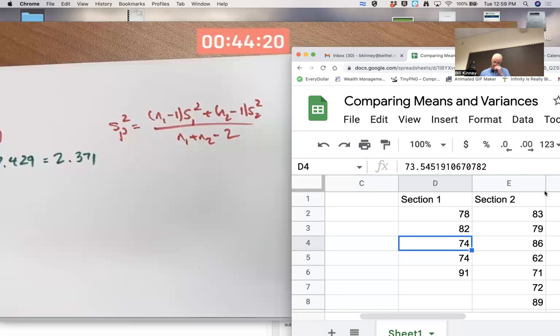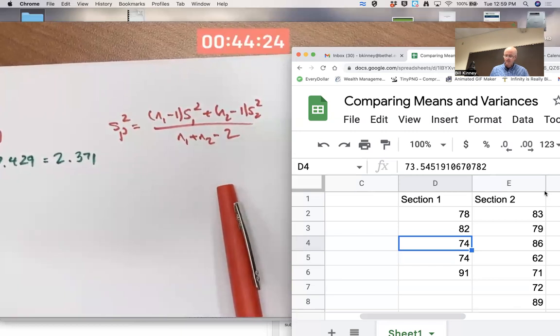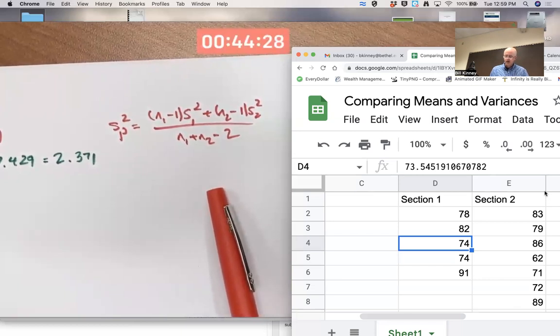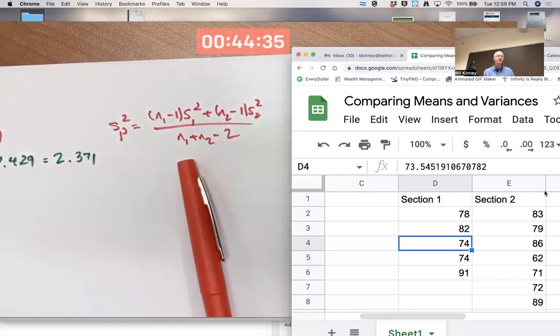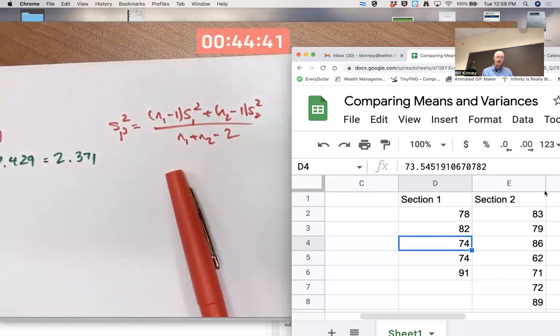That's how it's computed. If n1 equals n2, if the sample sizes are the same, it gives you the average of s1 squared and s2 squared. But in general, n1 and n2 are not equal.